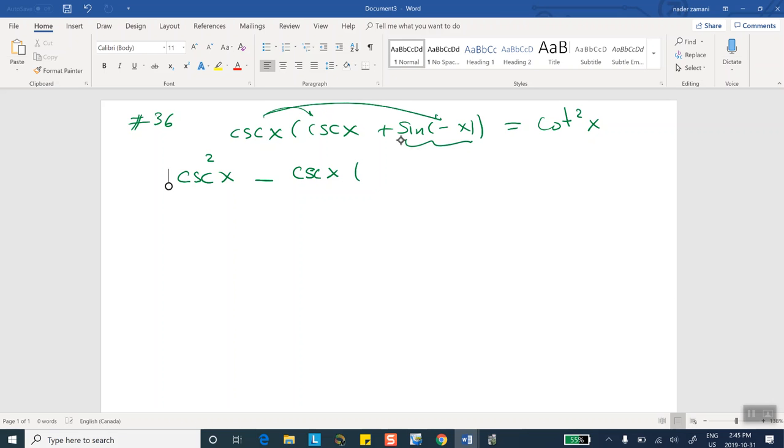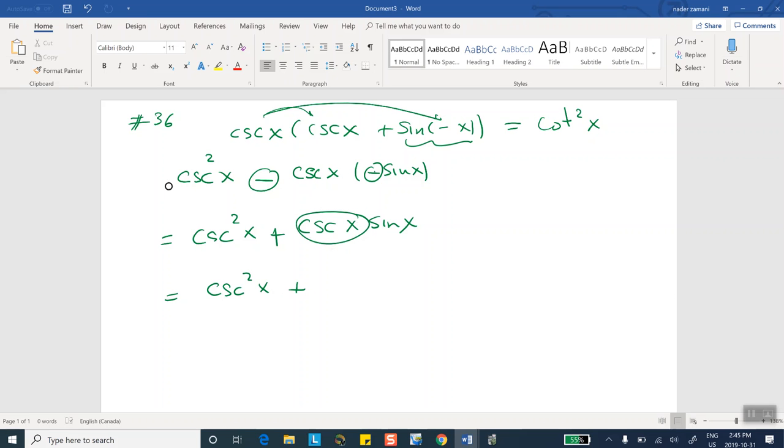Now remember, this is an odd function, so we can write it as minus sine of x multiplied by cosecant of x, which makes the cosecant squared x minus minus, and these two minuses make it plus. Cosecant of x times sine of x. Notice that this is 1 over sine times sine.